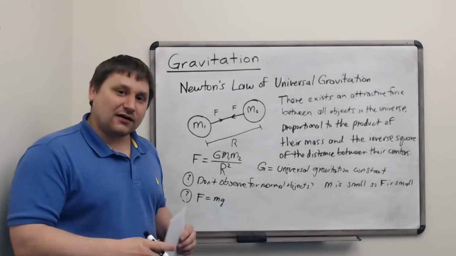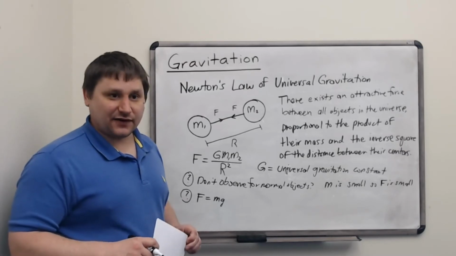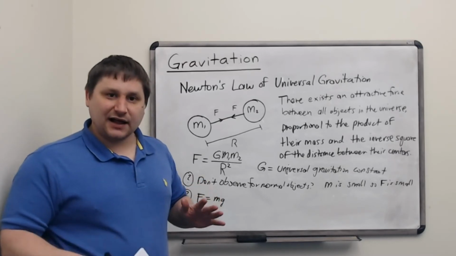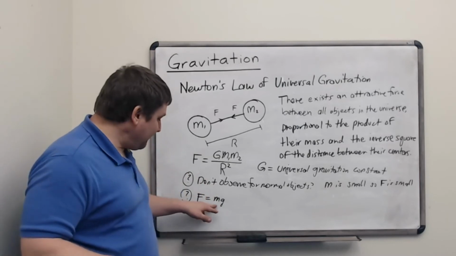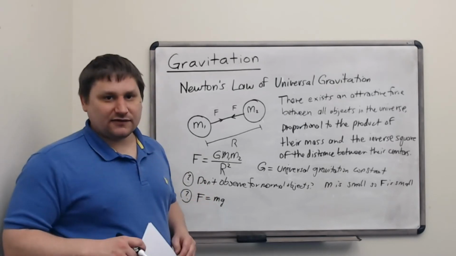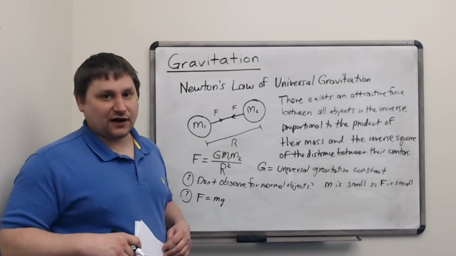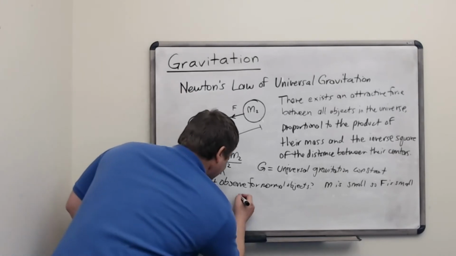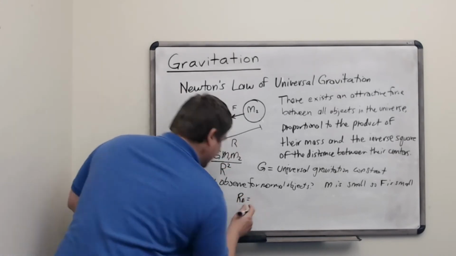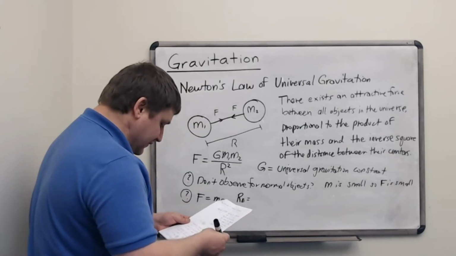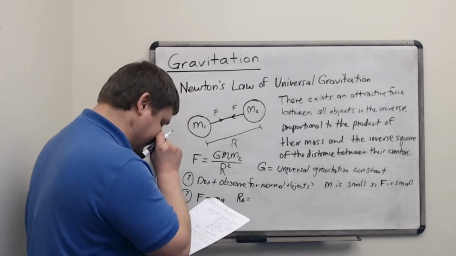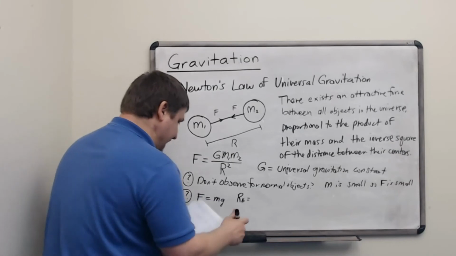In fact, they are completely consistent with each other as long as we understand that our motions, when we use F equals mg, don't stray too far away from the surface of the Earth. The radius of the Earth has been known since ancient times. You can determine it just by looking at shadows at different times of day.